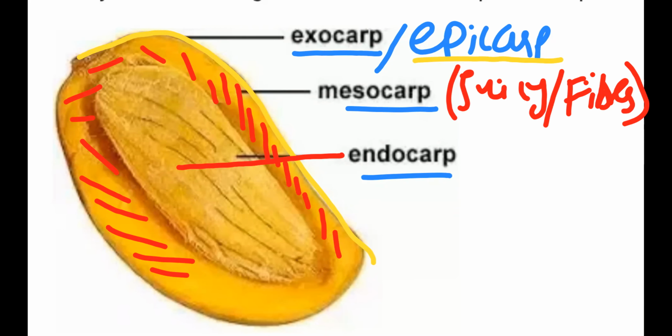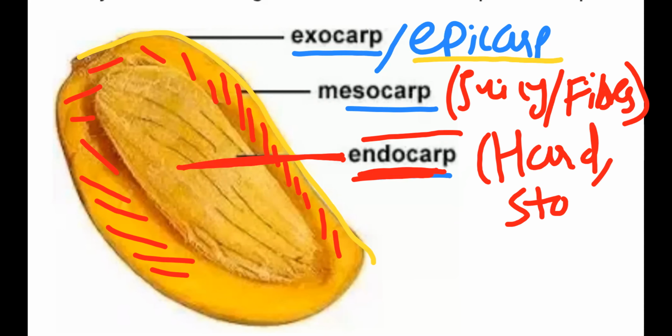Yes or no? No. When it is dried and broken, inside it the small gutli is the seed. This is still part of the fruit, that is the endocarp, a very hard and stony structure.